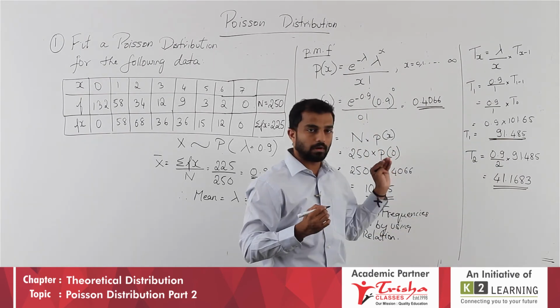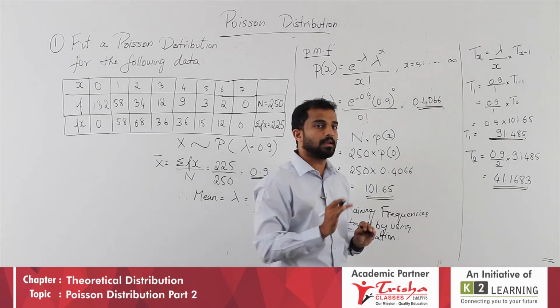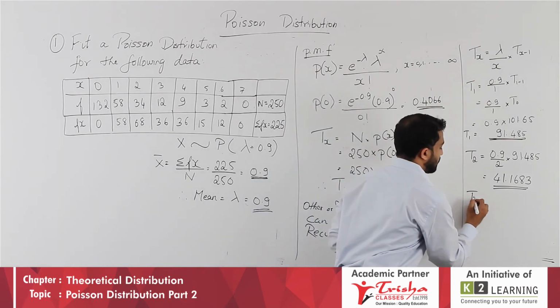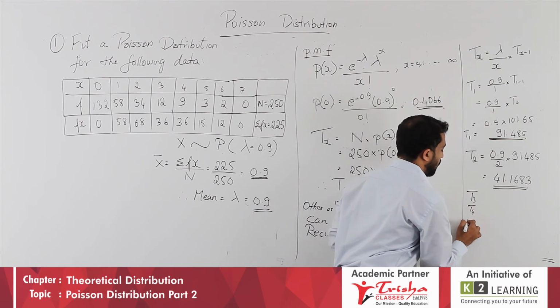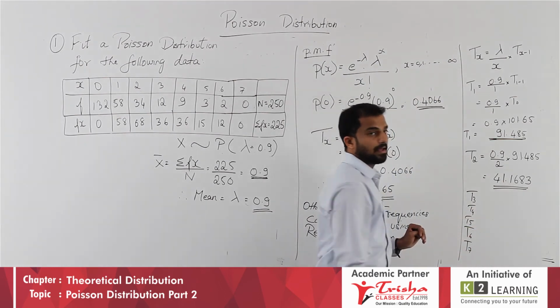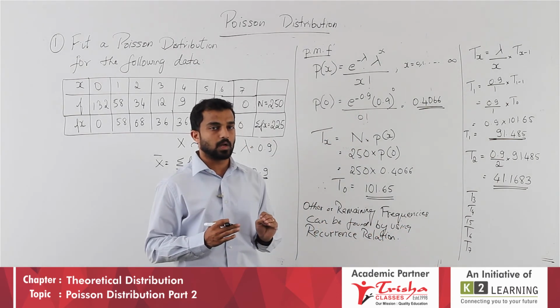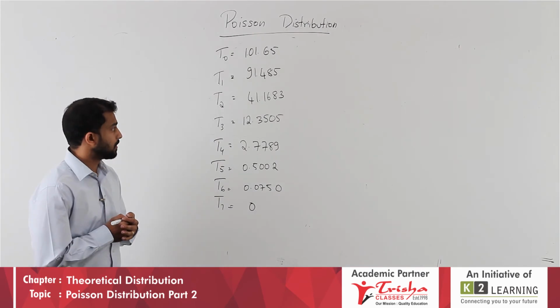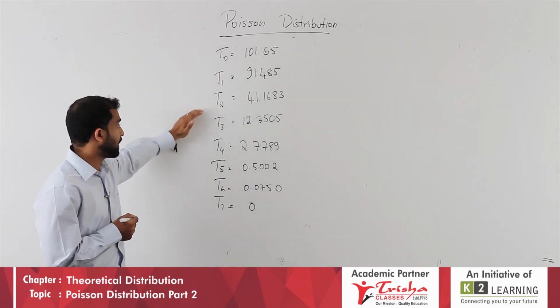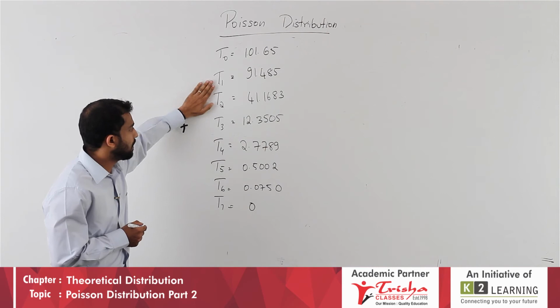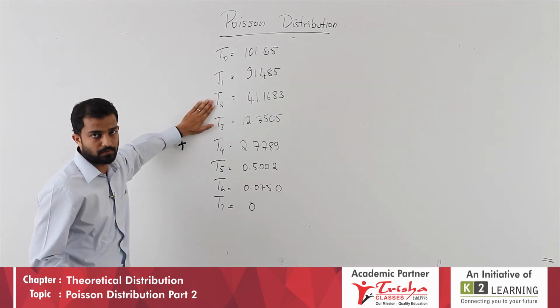Similarly, students, what I want you to do is pause for a while and find out what is T3, T4, T5, T6 as well as T7, and then we can compare your answer with mine and see if we are on the same track. So students, these are the values that you need to obtain. T0, T1, T2, these values we found out.